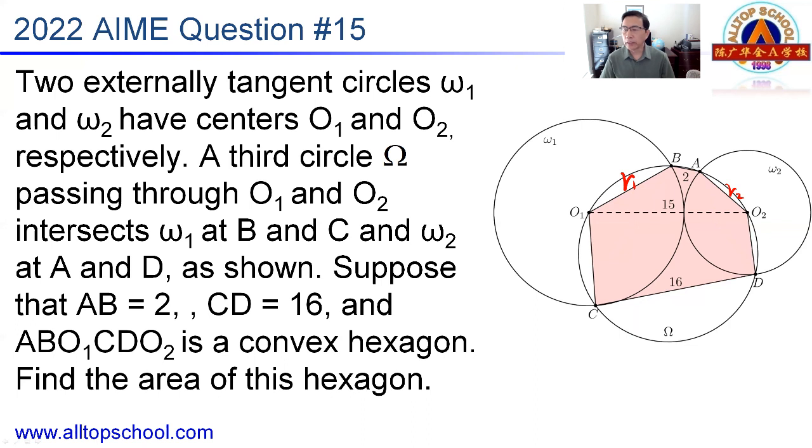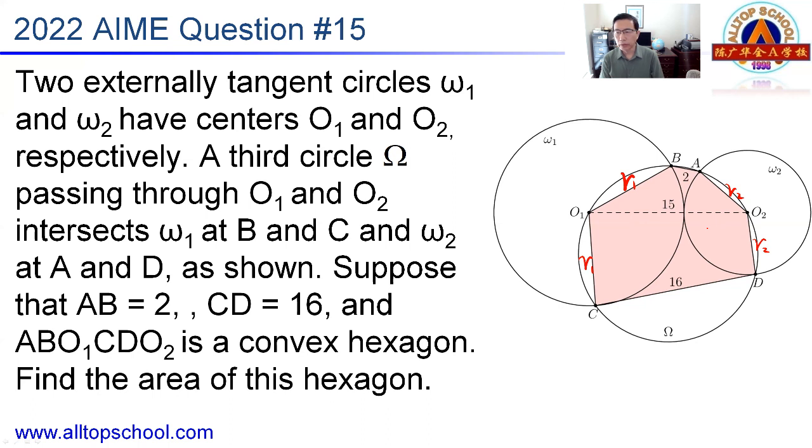We may use the cyclic quadrilateral to find the area, but R1 and R2 are unknown. The same thing on the bottom, with 2 and 16. Eventually, we still depend on the values of the two radii, so we won't be able to find that very easily.